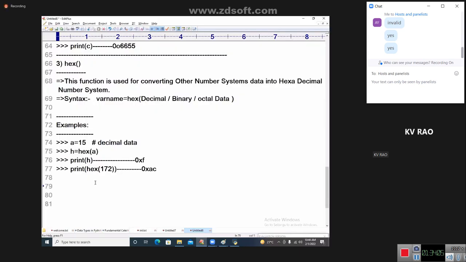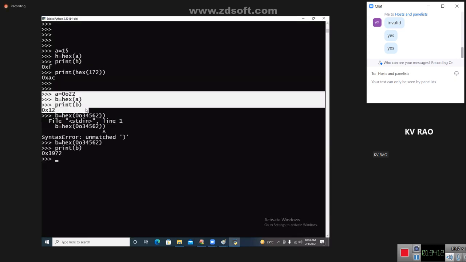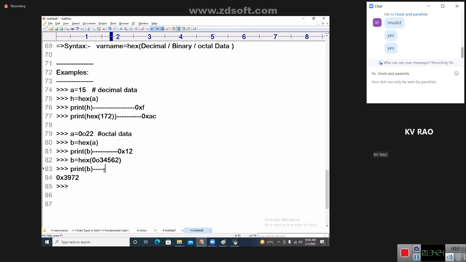I am using decimal data, and I am using octal data. Print of B, I got this. Okay, fine, perfect. This is called octal representation.